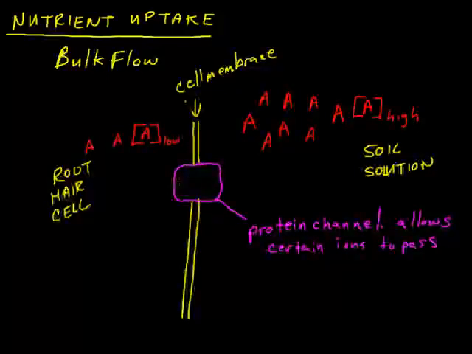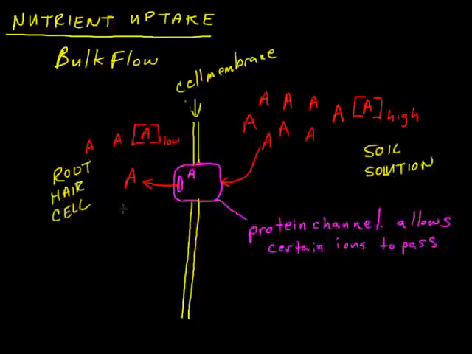We can sort of think of it as a little pipe or a little culvert opening that allows certain things to flow through it. Now, if this protein channel is shaped specifically, and they are very, very specific for certain ions, if it's shaped to channel ions of type A, well then, if we have a gradient, A will move along its gradient through one of these protein channels and into the interior of the cell. So basically, it's a little pipeline for the movement of these ions from the soil water directly into a cell.